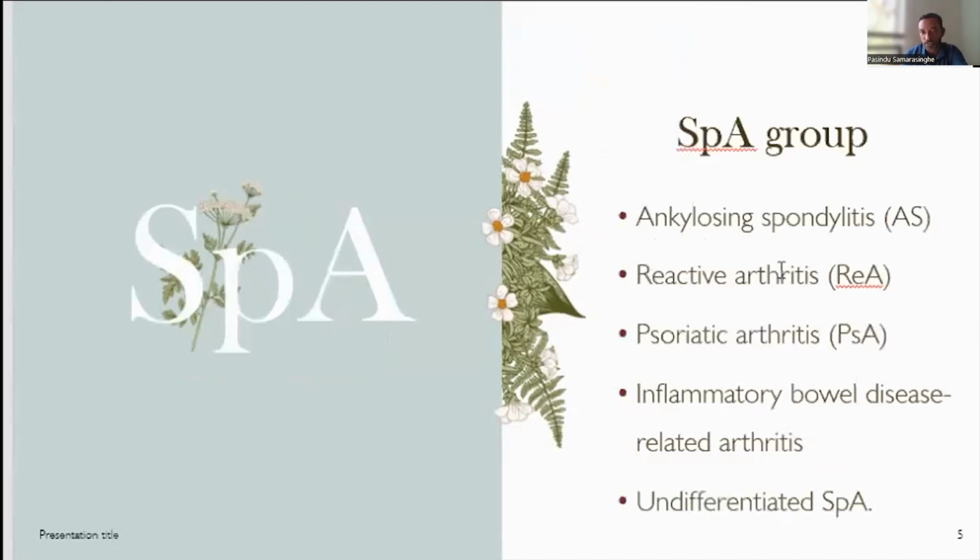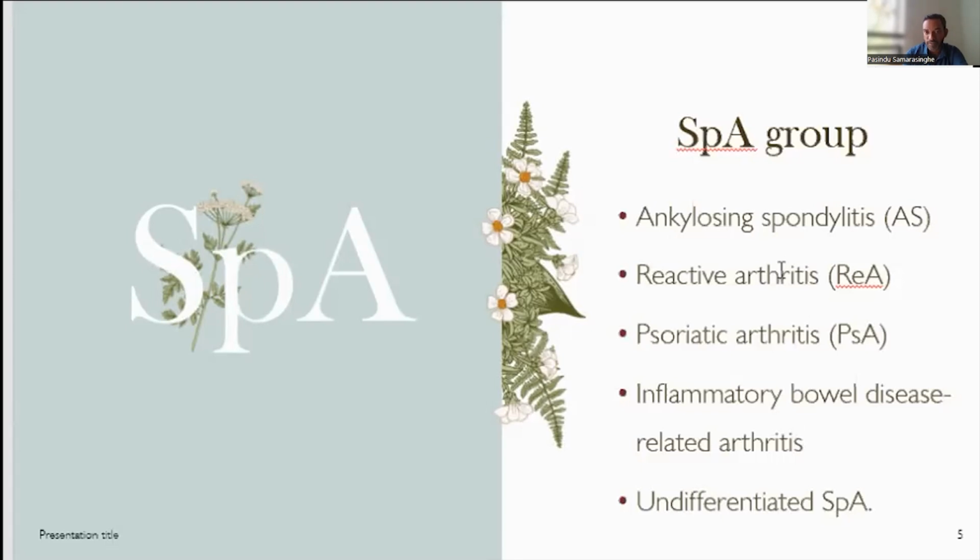As I said, it's a group of disorders which have similar features but slightly different presentations. So we have ankylosing spondylitis, reactive arthritis, psoriatic arthritis, inflammatory bowel disease-related arthritis, and undifferentiated spondyloarthritis.